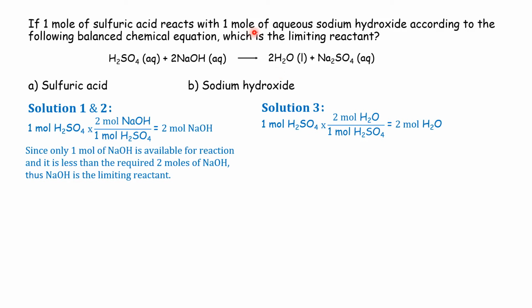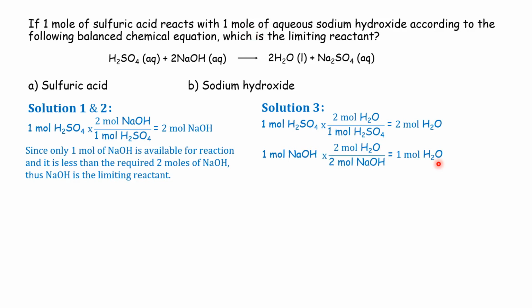Let's look at that one. 1 mole of sodium hydroxide, we convert that to the same product. So converting from moles of sodium hydroxide to moles of water, just like what we did for sulfuric acid, use the coefficients in the balanced equation in this conversion factor. And now that is equivalent to 1 mole of water.